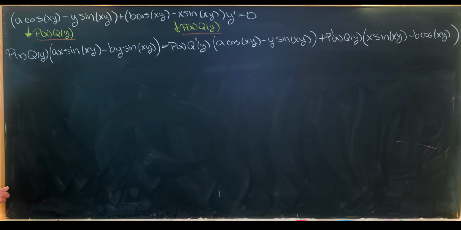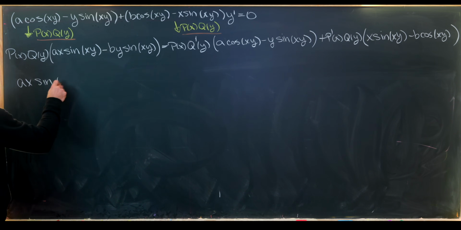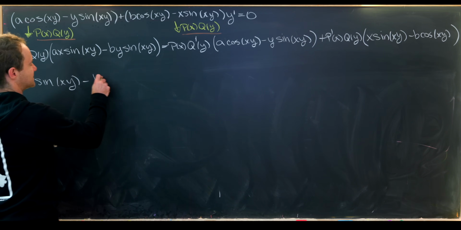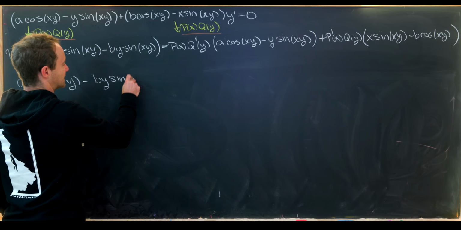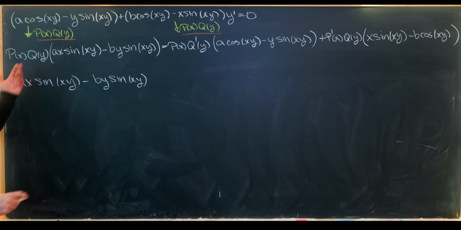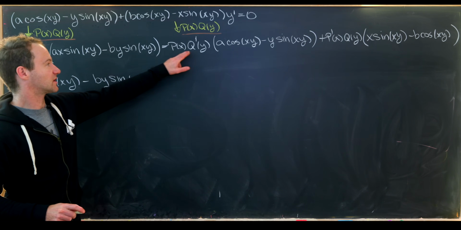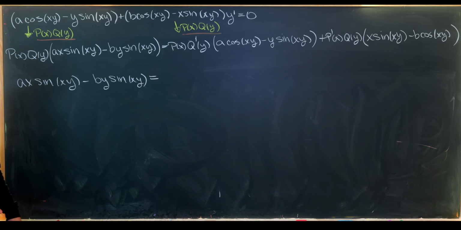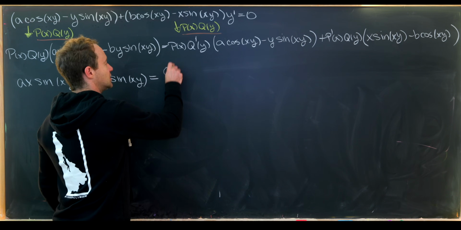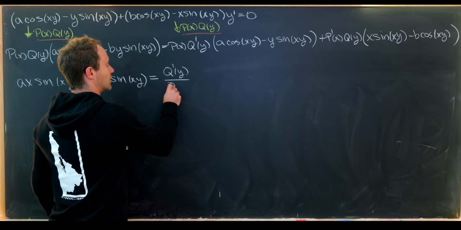This may seem like a non-necessary trick, but it actually helps quite a bit because it really condenses the dependence on x and y. So if we divide both sides by p times q, this right-hand side now looks like a x sine of xy minus b y sine of xy, because we've just removed the dependence of p times q. Then if we divide this term, p times q prime, by p times q, that gives us q prime of y over q of y.